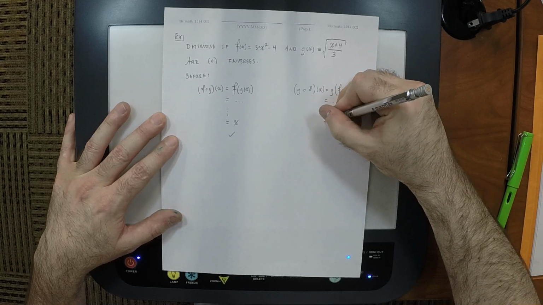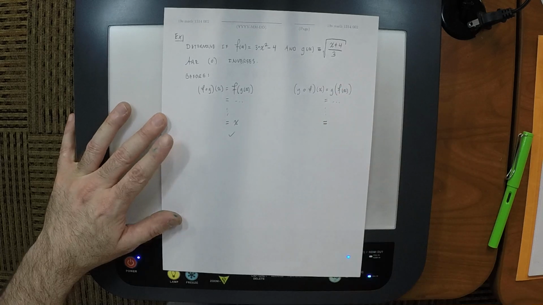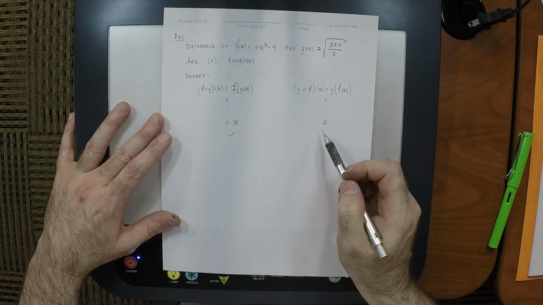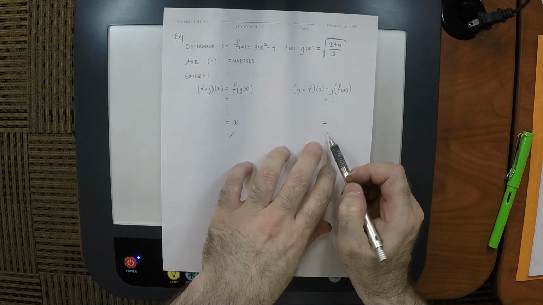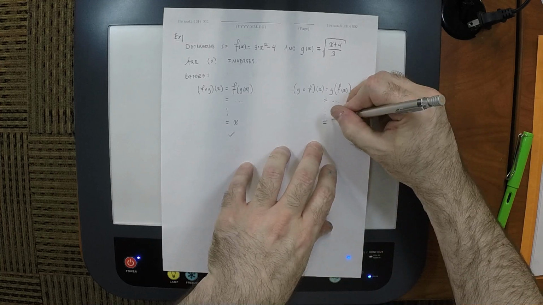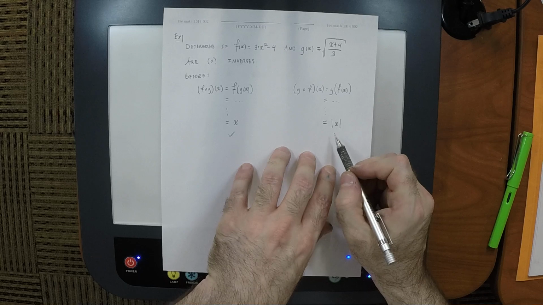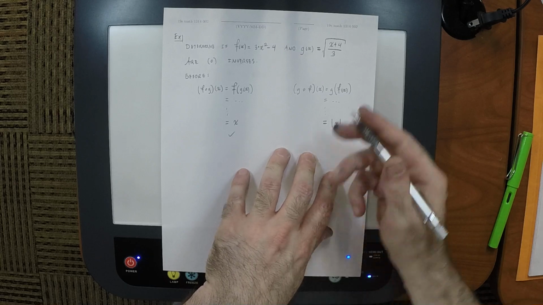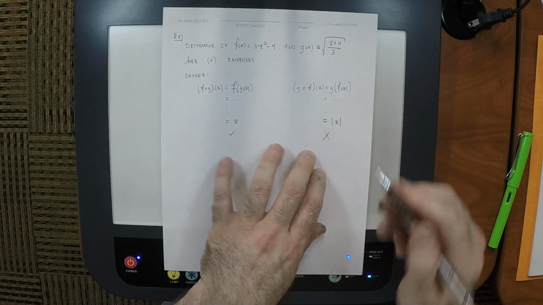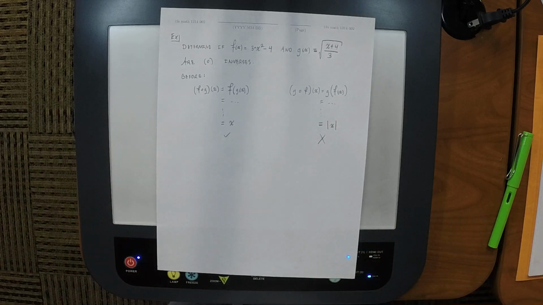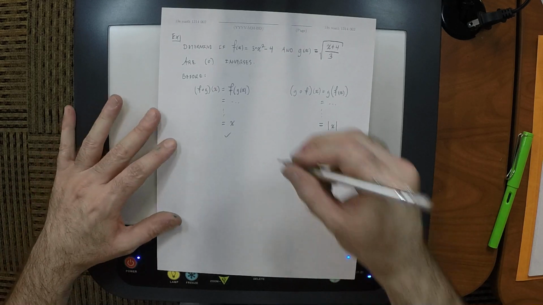We did some work, and it came to pass that it actually didn't simplify down to x. Can you remember what it came to? It was absolute value of x. So the fact that it didn't simplify down to just regular x, our conclusion is that therefore they're not inverses. So do you remember that exercise?